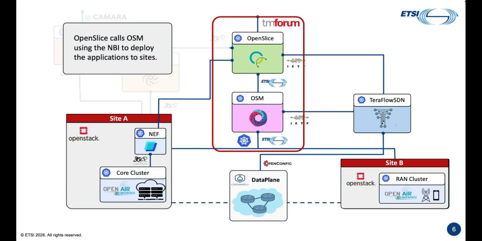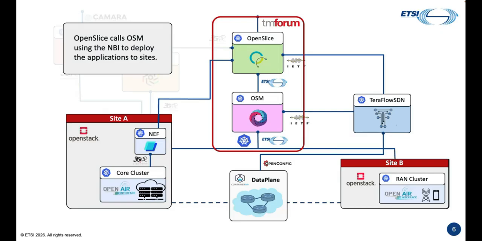So using that component, you are able to tell OSM to deploy applications on the different sites that you already registered there. You just need the site ID and the application that you want to deploy, which are also loaded on OSM. So that's going to be enough to deploy the application. It's basically just 3 commands, as I'm going to show you in the second part of the presentation.